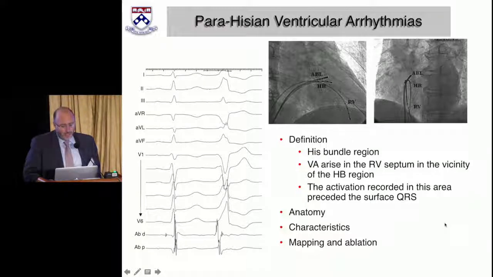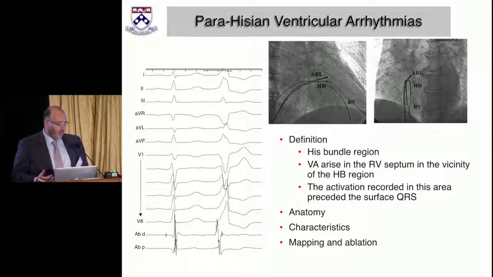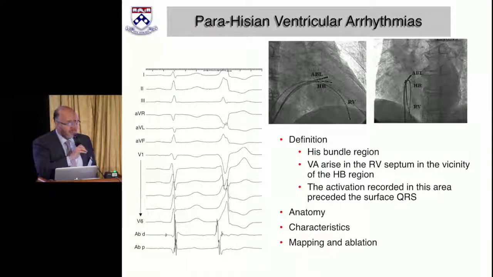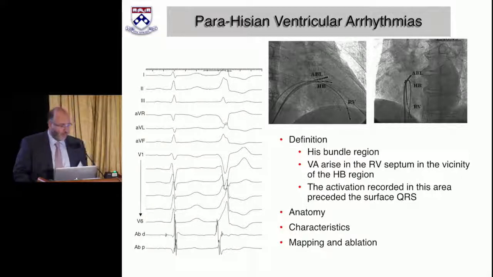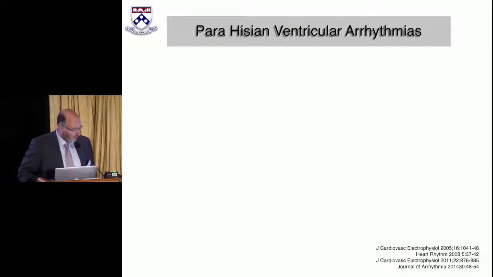So I think to redefine this and really understand what we need to do, like Pascual just greatly talked about LV summits, we need to understand the anatomy of where these arrhythmias come from, because they're focal arrhythmias. Although they can be disease processes that affect these areas, we're talking about focal arrhythmias.